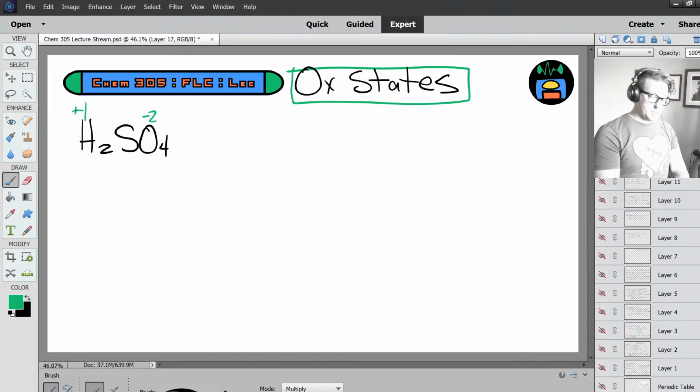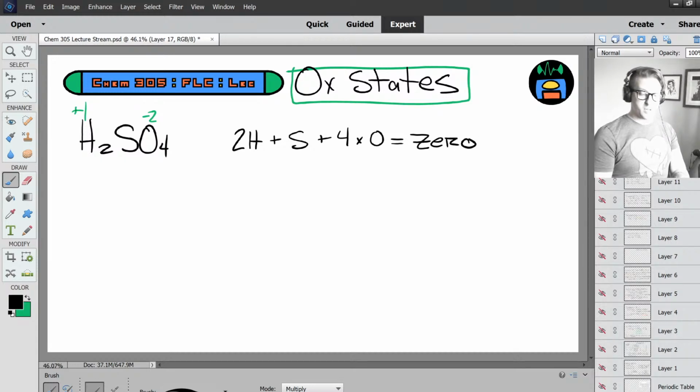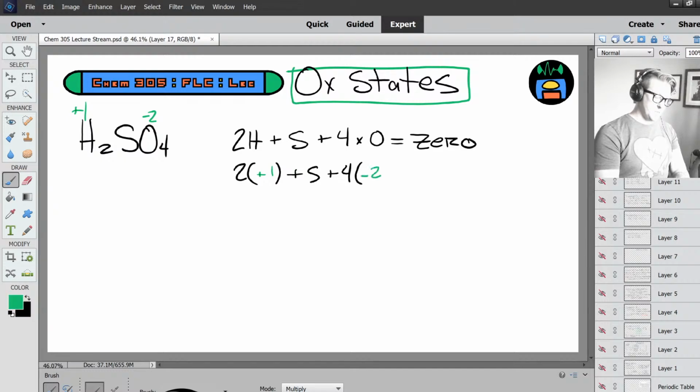And now we can apply rule number 1 to determine the oxidation state for sulfur, because we know that 2 times the oxidation state of hydrogen plus sulfur plus 4 times the oxidation state of oxygen will equal our total charge for this molecule, which is 0. Now we have 2 times +1 for hydrogen plus sulfur plus 4 times -2 for oxygen equals 0.